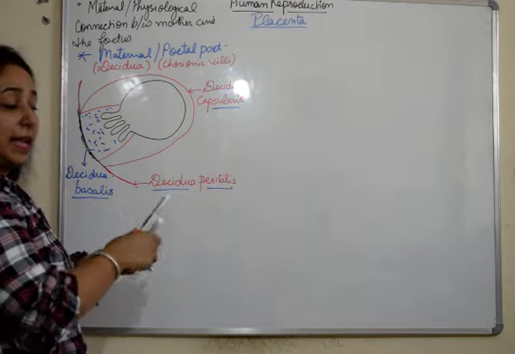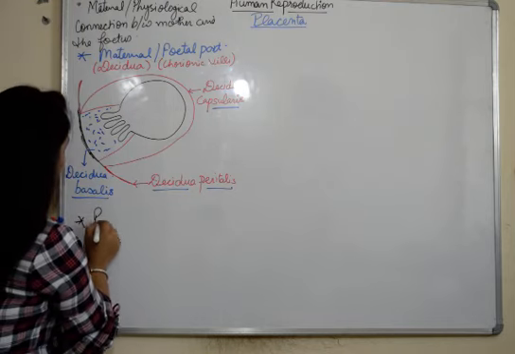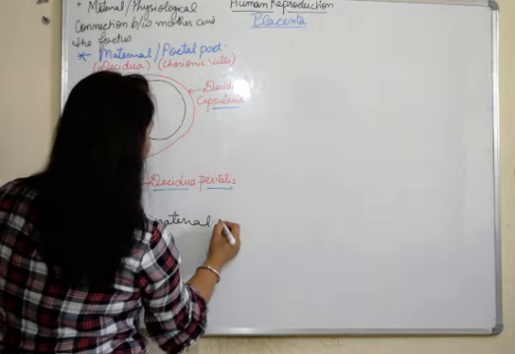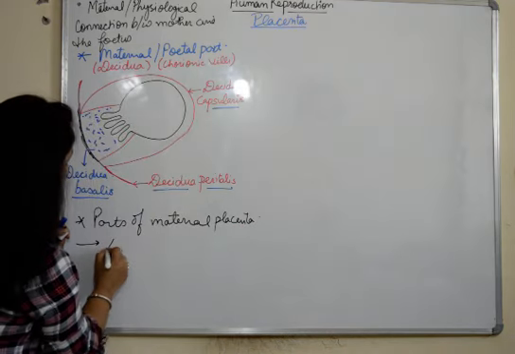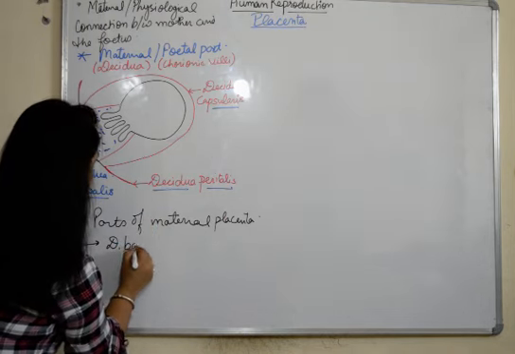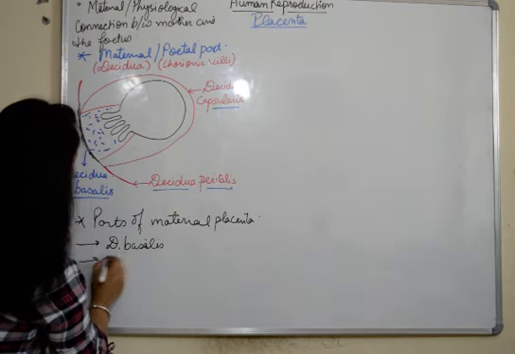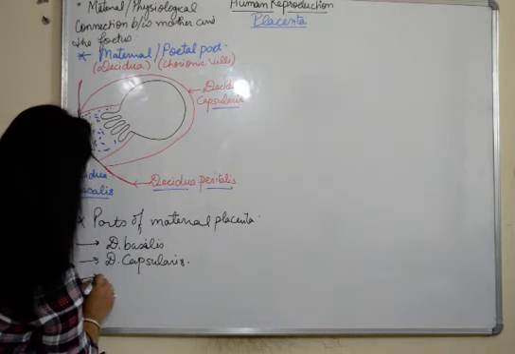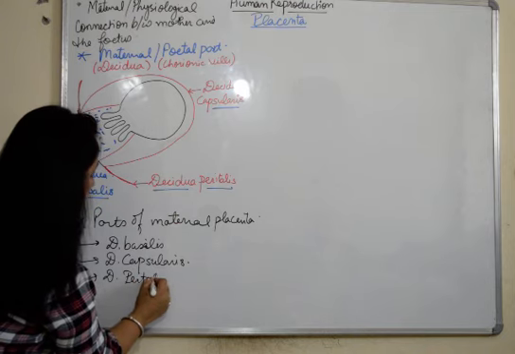I'll just write the types here. Parts of the maternal placenta. The parts are, first, decidua basalis, I'll write D for decidua, then decidua capsularis and decidua parietalis.